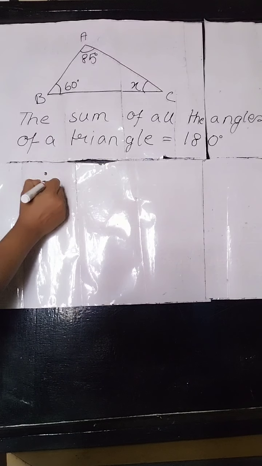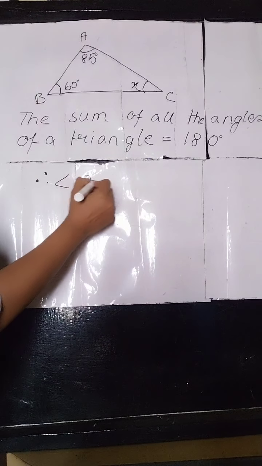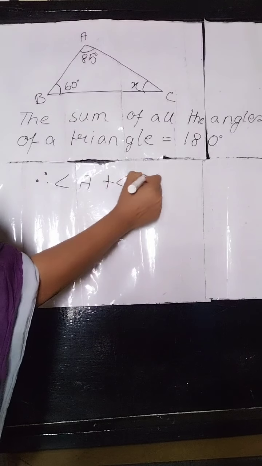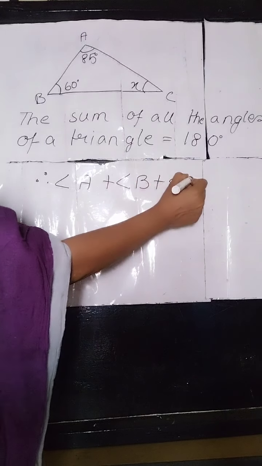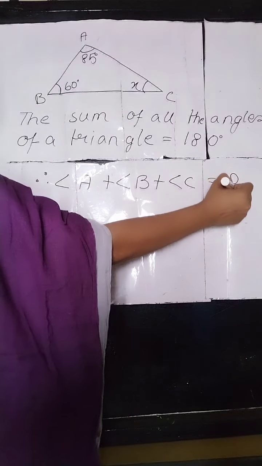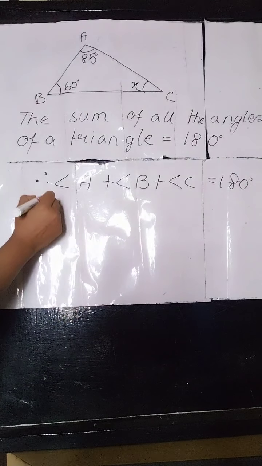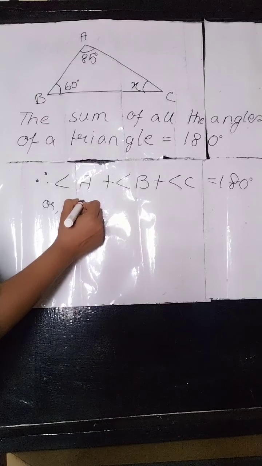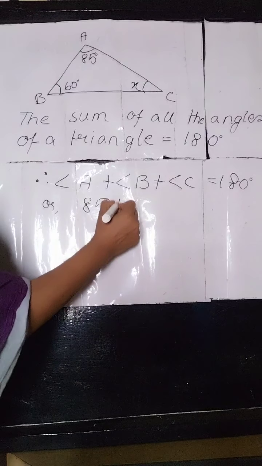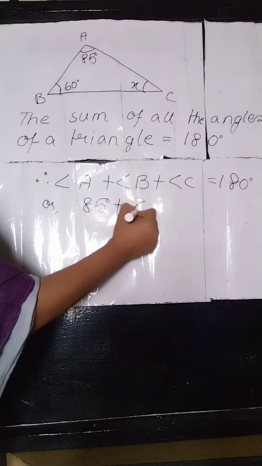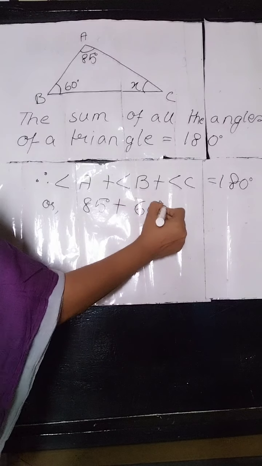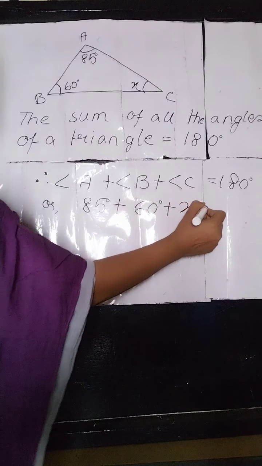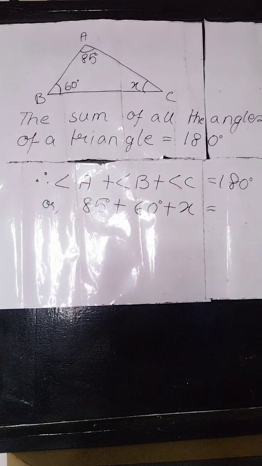Therefore you will write angle A plus angle B plus angle C is equal to 180 degree. Angle A is 85 degree, angle B is 60 degree, and angle C is X, which is missing.